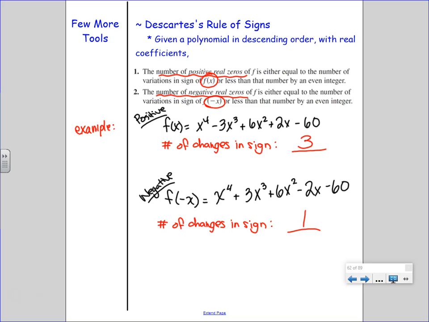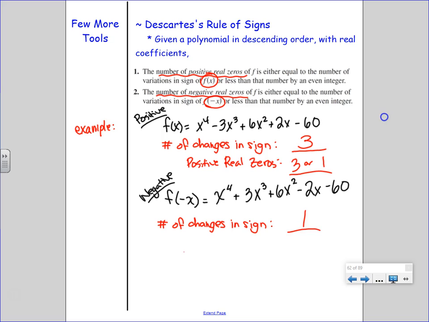According to my rule, it's either how many changes in sign, or less than that by an even number. Oh, so 3 minus 2. Sweet. 3 minus 4, that's a negative. That can't be a how many. You can't have negative. I mean, if you're in debt, maybe. But besides that. How many positive real zeros? There was either 3 or there was 1.